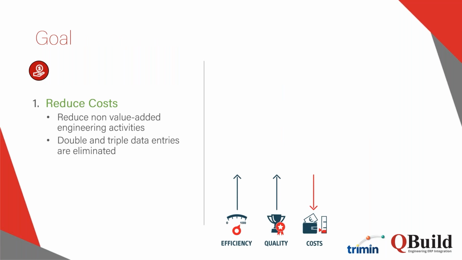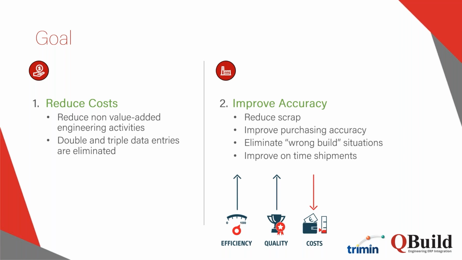So with that in mind, what are the goals or the benefits of CADLink? There are two main benefits. Number one, the reduction of cost. You're going to see a lot of reduction in cost by reducing those non-value added engineering activities, especially if you're having your engineers manually enter this data right now. You're going to see a lot of time savings on that aspect, and a reduction in costs also due to more accurate data and fewer data discrepancies, which can cause downstream confusion.